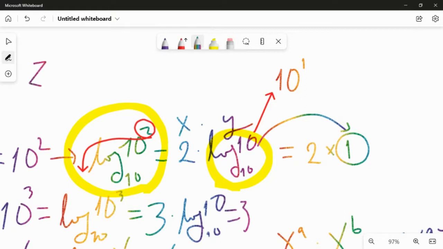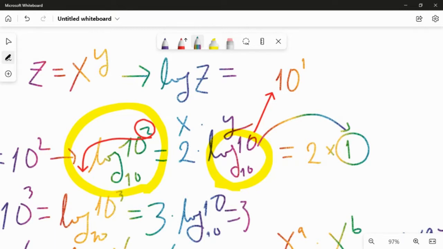We did, basically, what used to be z equals x to the y, you turned it into log of z is equal to y times log x.